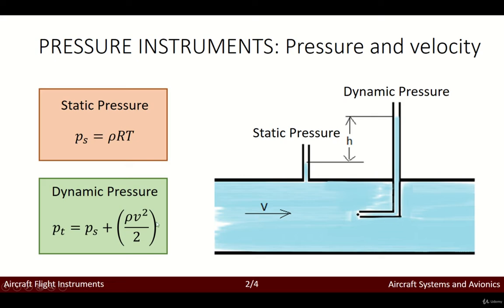So easily, as we mentioned before, the static pressure will depend on the altitude that we are at, whereas the total pressure will depend on the altitude but also on the velocity of the flow. So clearly the dynamic pressure will be very noticeable in aircraft.